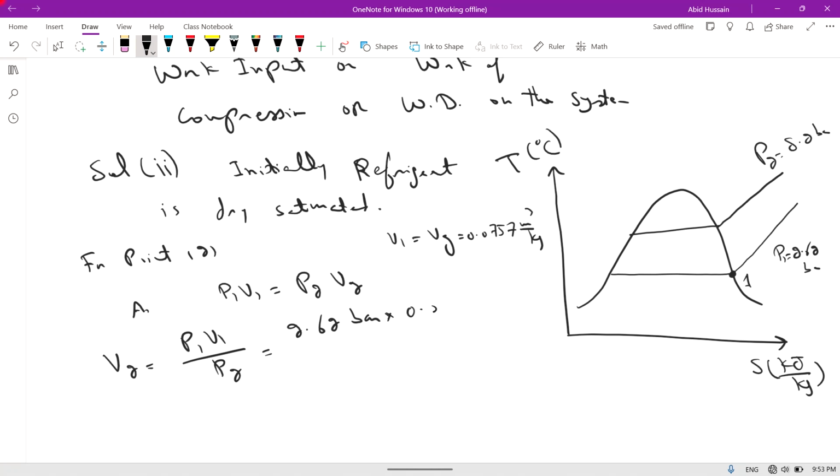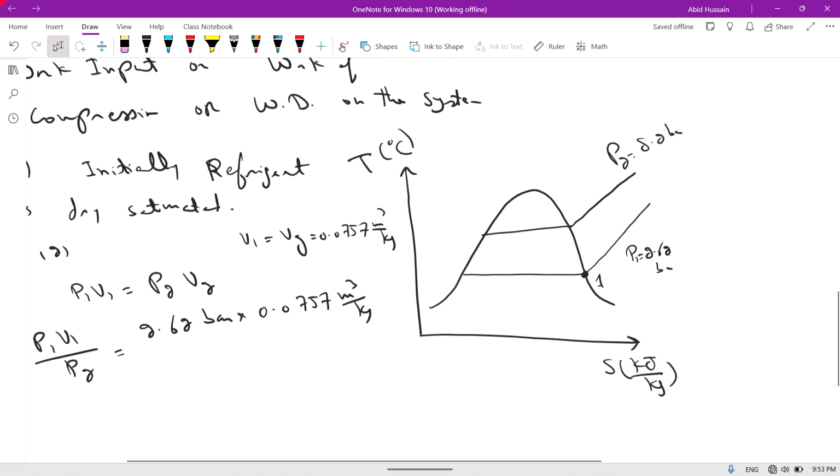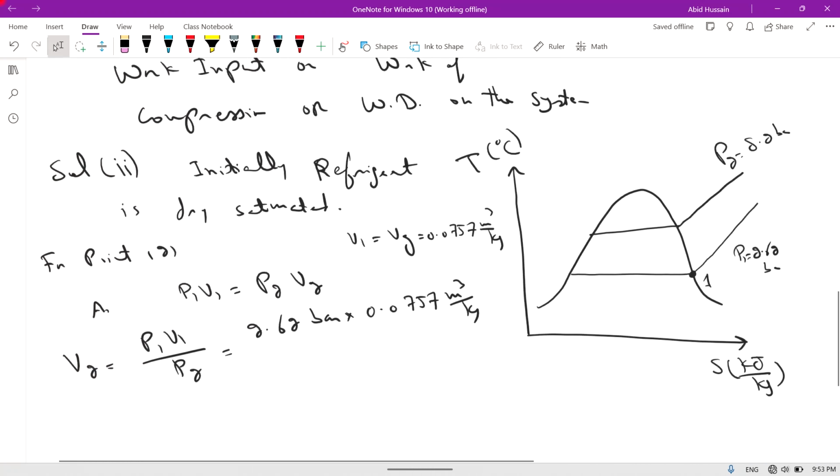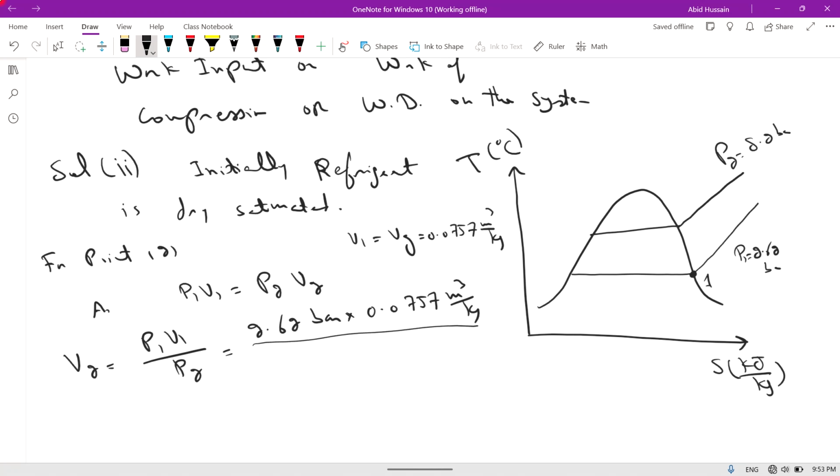So 0.0757 meter cube per kg divided by P2. P2 is equal to 8.2 bar. Now bar will be cancelled. Multiply these two values and divide by 8.2. So V2 is equal to 0.024187 meter cube per kg.